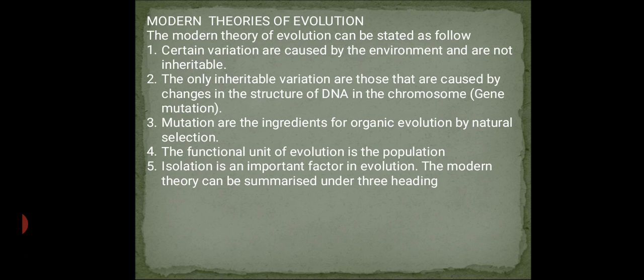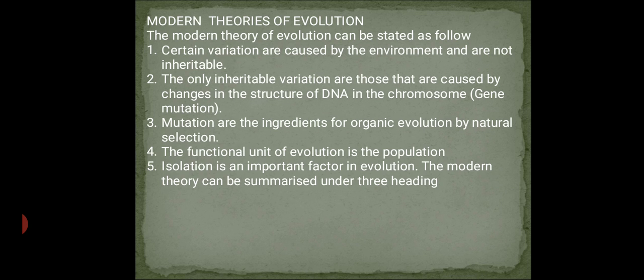We also look at modern theories of evolution. The modern theory is stated as follows. One, certain variations are caused by environment, and the variations caused by environment are not inheritable.